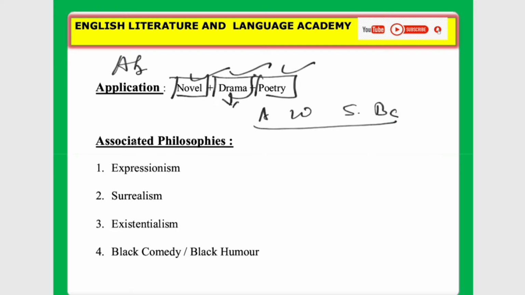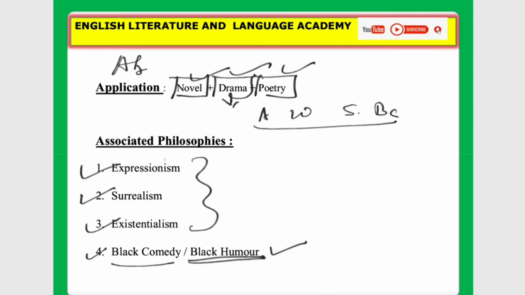Let's see what philosophies influenced this and its association with those philosophies. The very first one is expressionism, second surrealism, third existentialism, fourth black comedy or black humor. This is very important.